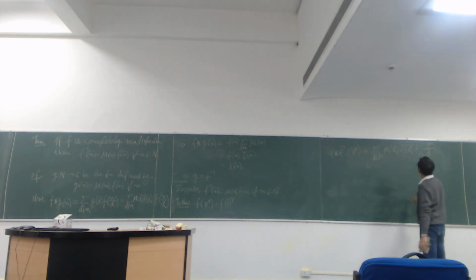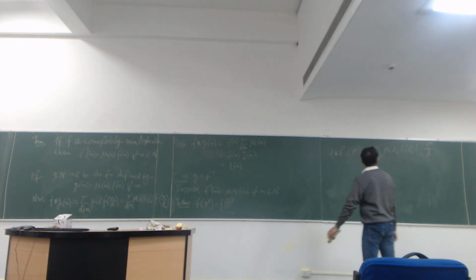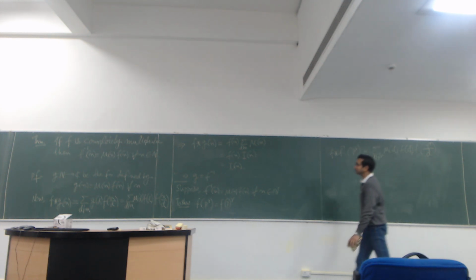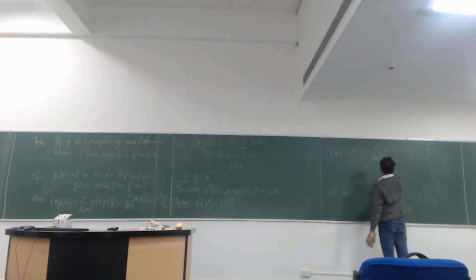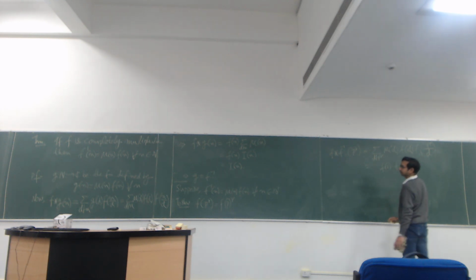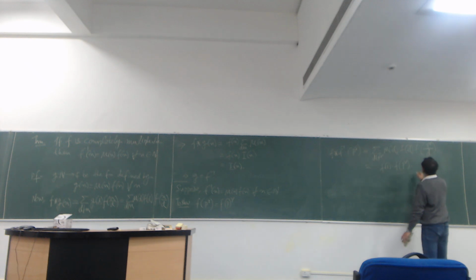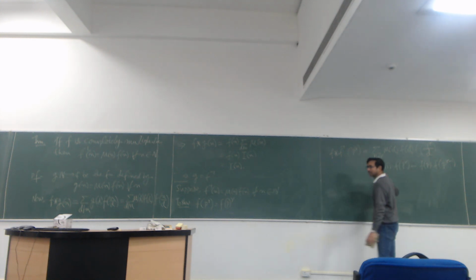So for d equal to 1, what do we get? This is 1. We are just assuming that this is equal to this. f of 1 times f of p^r, plus minus f of p and f of p^(r-1). Here we must also assume that f is multiplicative.